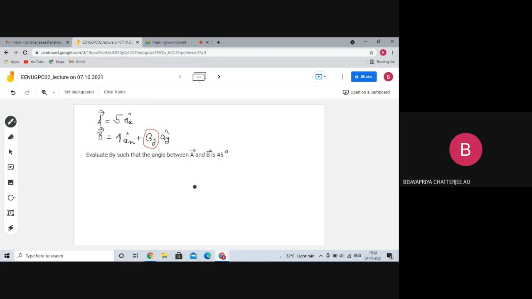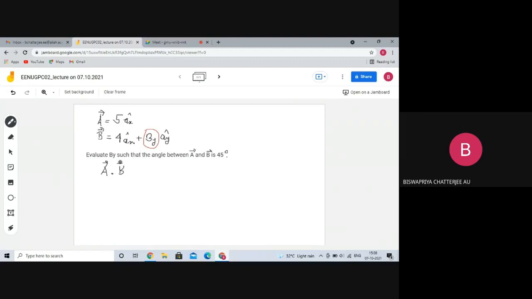So how do you solve? It can be solved by the dot product. You know a well-known formula, A dot B, the dot product of the two vectors.